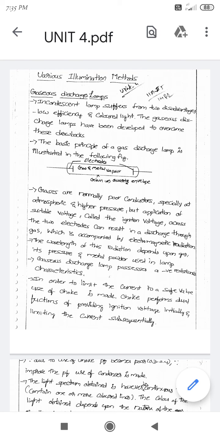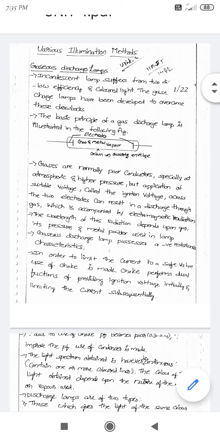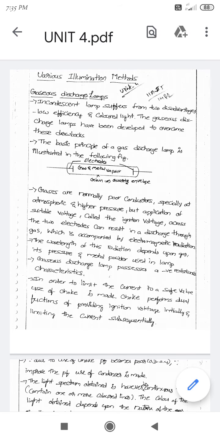Now the basic principle of the gas discharge lamp is illustrated in the following figure. See the figure: there is a gas or metal vapor, with electrodes fixed on the left and right sides, and a gas or quartz envelope.